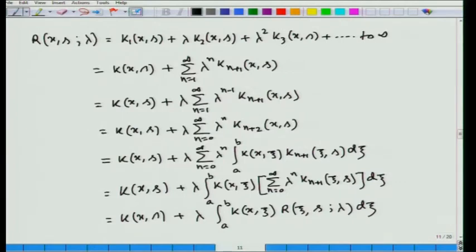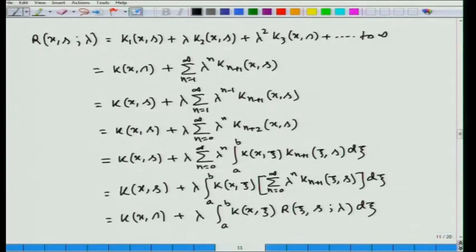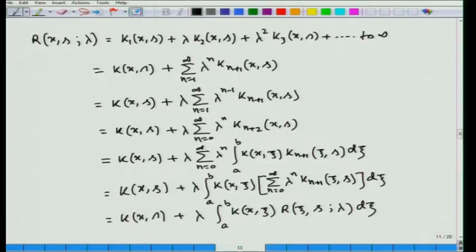So, the given Fredholm integral equation was y(x) equal to f(x) plus lambda integral a to b K(x, s) y(s) ds. Now, here y is replaced by R(x, s; lambda) and f is replaced by K(x, s). Therefore, you can see this resolvent kernel satisfies a similar type of integral equation. This is one important observation.